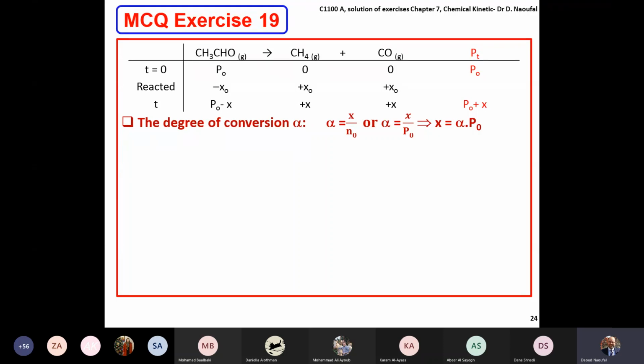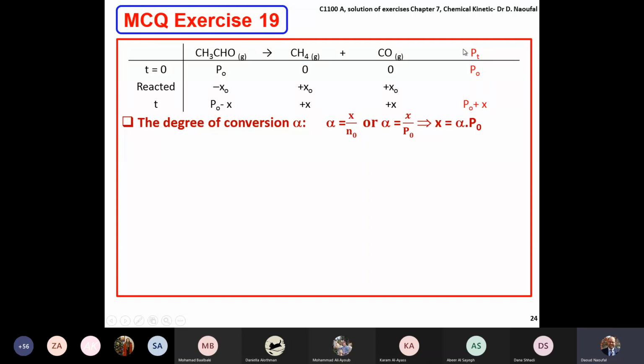I call these pressures the partial pressures. So the partial pressure of CH3CHO is P0 minus X. The partial pressure of CH4 is X. The partial pressure of CO is X. So P total equals P0 plus 0 plus 0 equals P0. P total at time t equals P0 minus X plus X plus X, so equals P0 plus X. Why do I use P total? Why do I add a column where we have P total?